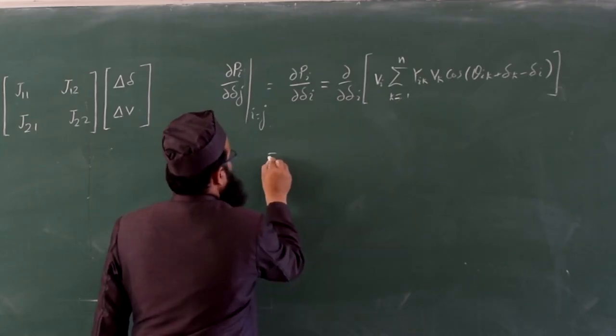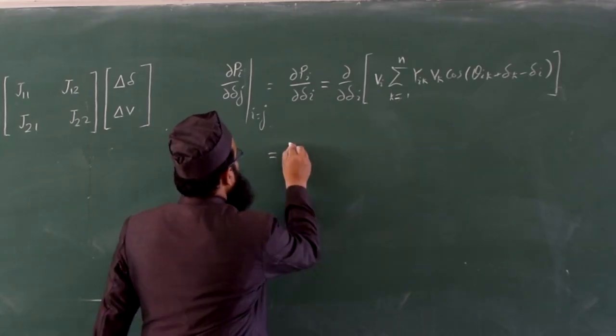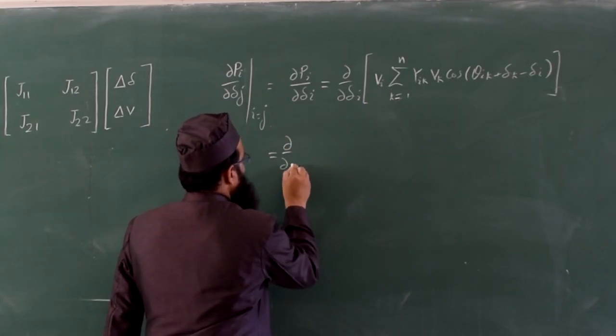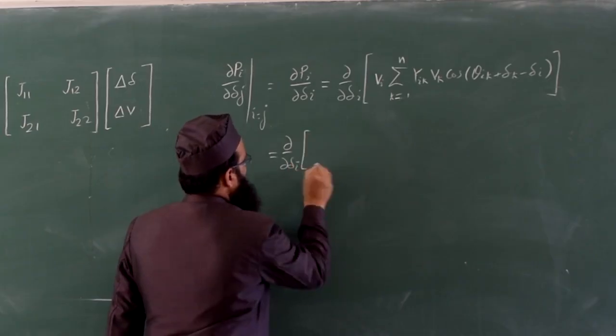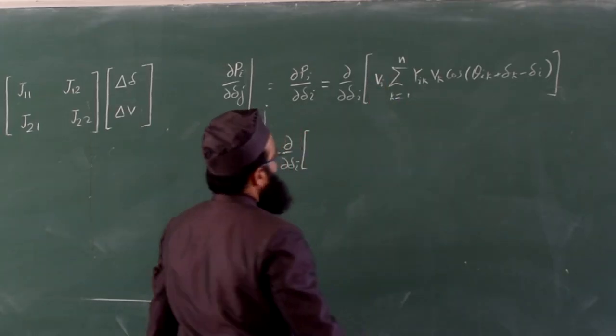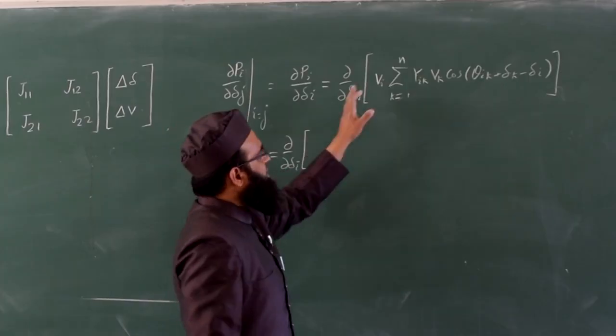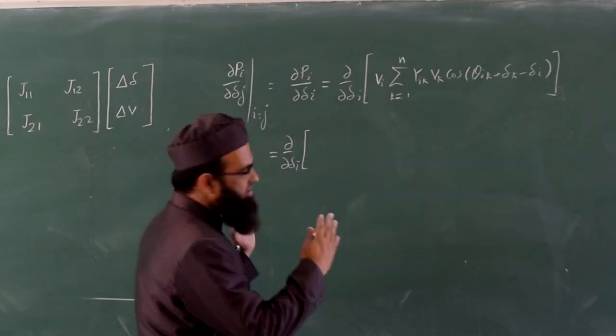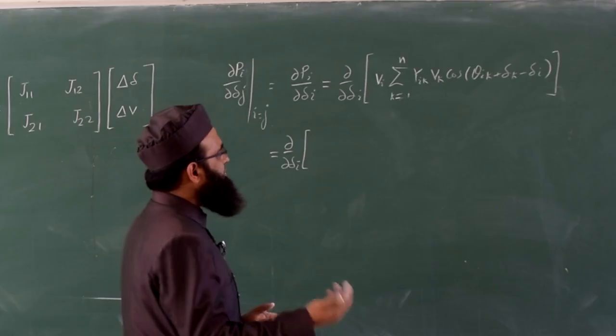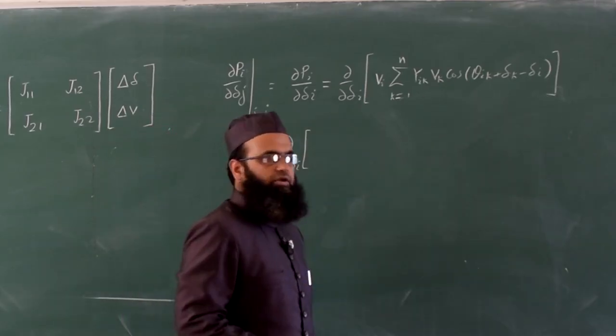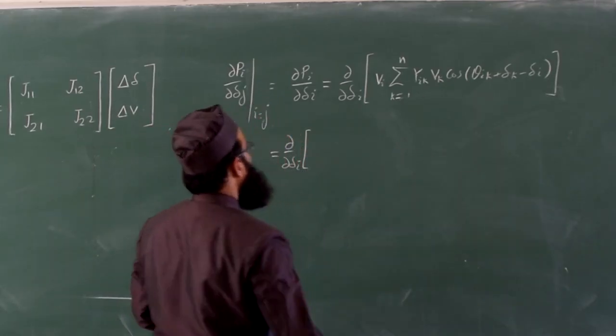This can be further written as ∂/∂δi. Write the first term. Again here we will write the ith term separately because the ith term behaves differently from the other terms. That is why we are segregating these terms.